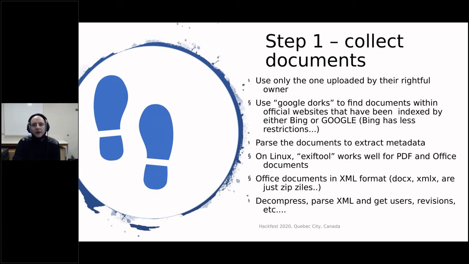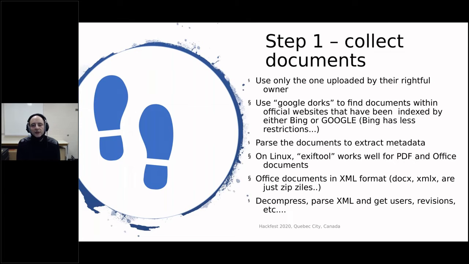So we start from the web server. From the web server, we wrote scripts that make use of a specific syntax, like Google Docs, to find documents that have been publicly published, exposed to the internet, uploaded by the owner, and are in the public domain.